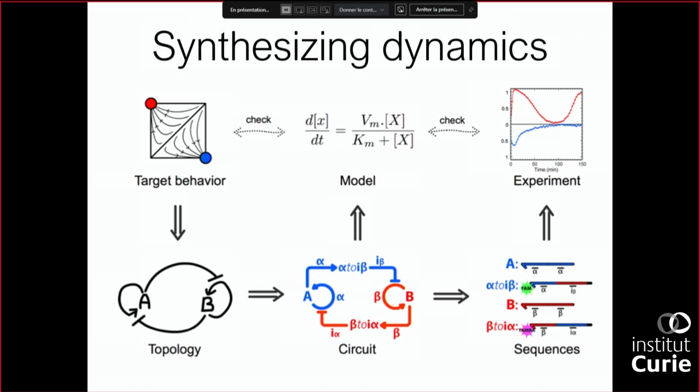Okay, so to synthesize something, we will first target a behavior. For example, this is maybe a bistable system with two attracting fixed points. Decide on a network topology that is consistent with the behavior that we want. Convert this topology into a circuit, or chemical reaction network.